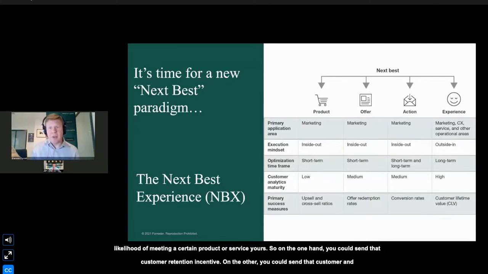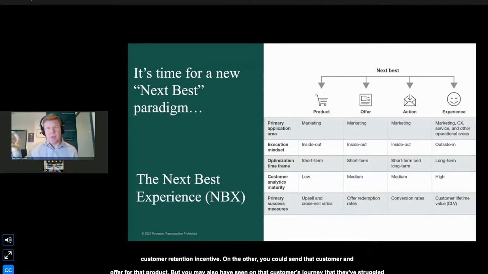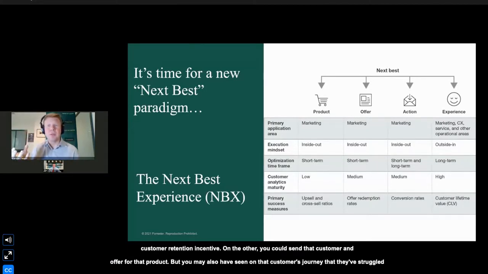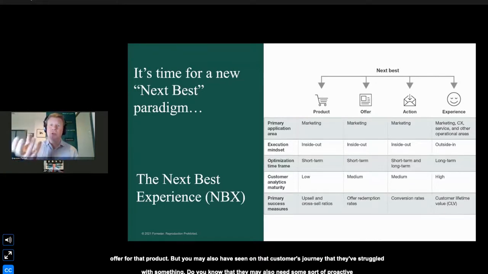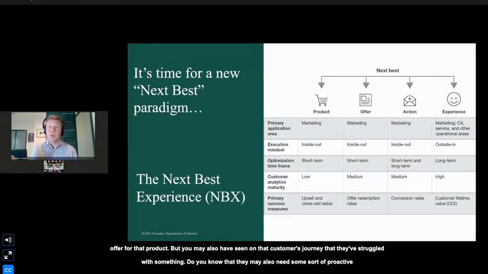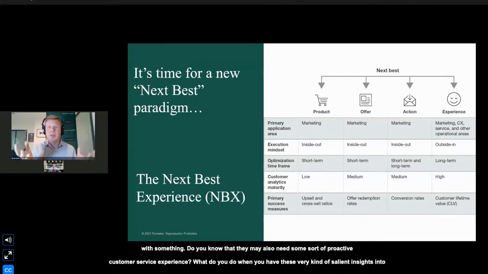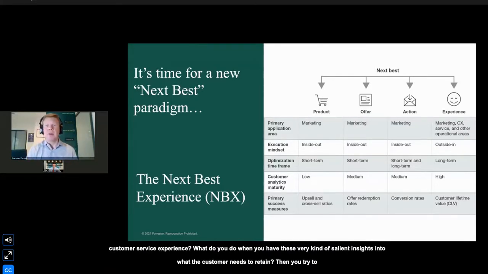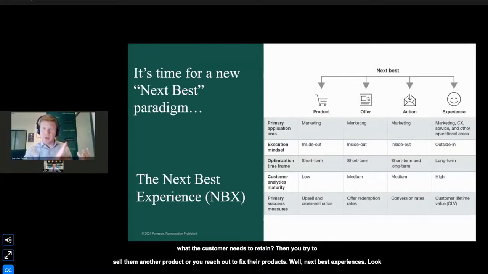But you may also have seen on that customer's journey that they struggled with something. So you know that they may also need some sort of proactive customer service experience. What do you do when you have these very kind of salient insights into what the customer needs? Do you retain them? Do you try to sell them another product? Or do you reach out and fix their product? Well, Next Best Experience says, look at past customers who've been at a similar crossroads.